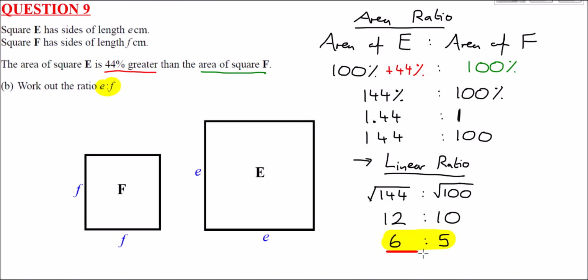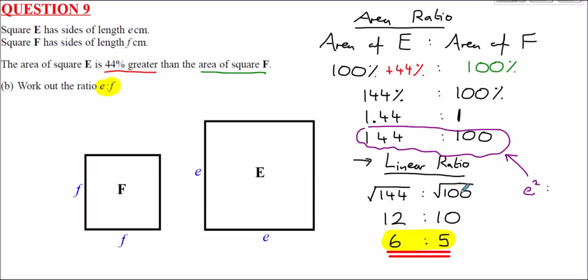But I will mention something which is worth drawing your attention to. At this stage here, when we realise the area of E to the area of F is 144 to 100, it's worth thinking about what the area of E actually is. The area of E, because it's a square, is obviously E squared.